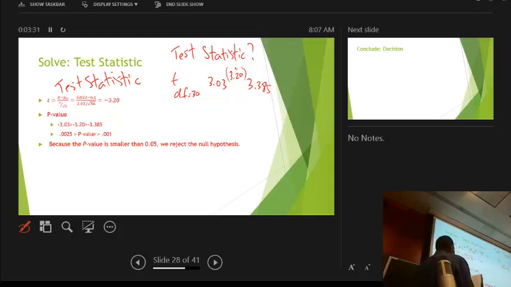And again, this is for the t-distribution chart at 30 degrees of freedom. So go down to 30 and then go across to the closest thing to your test statistic, which is in between 3.03 and 3.385.